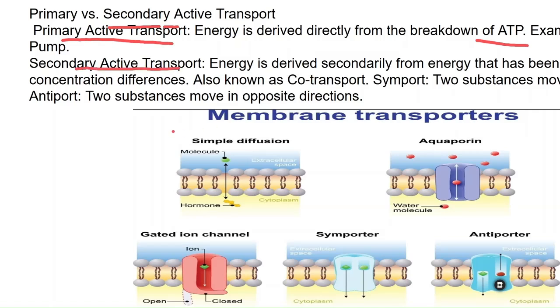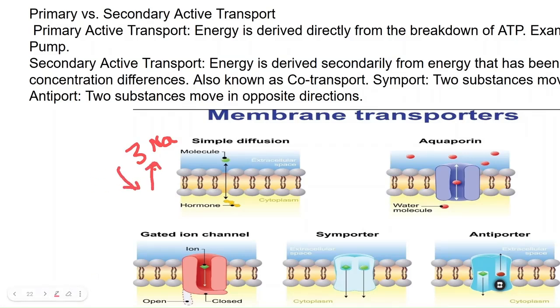For example, as we have learned, 3 ions out and 2 ions of potassium have come in. Now if you see 3 and 2, that means on the extracellular surface you have a difference of 1 sodium ion.